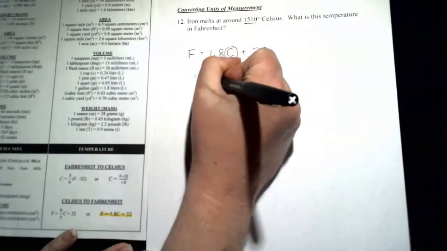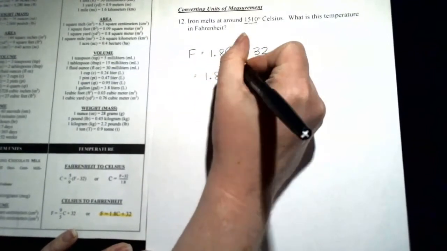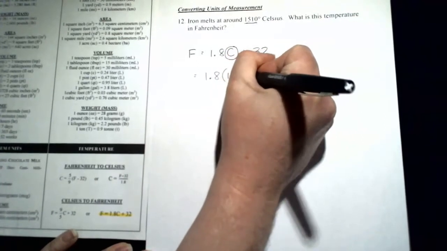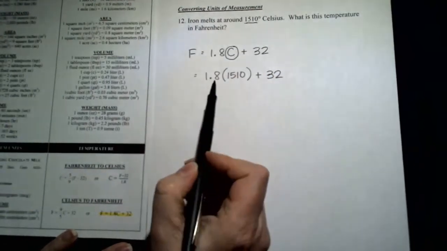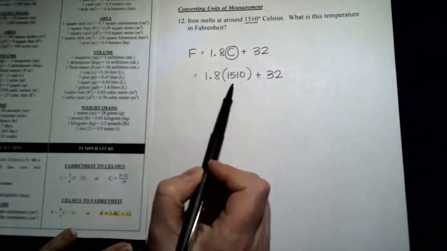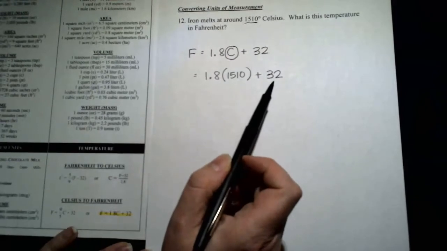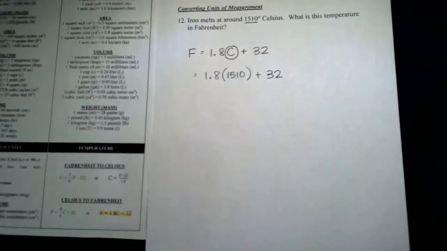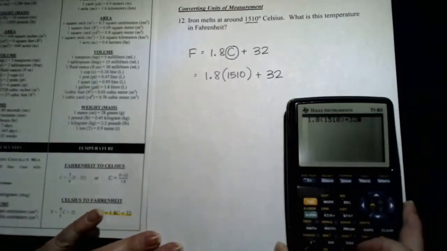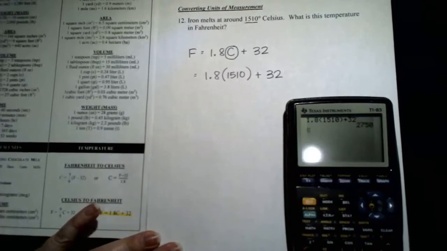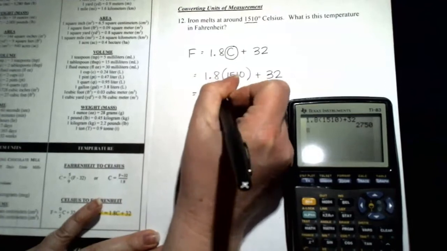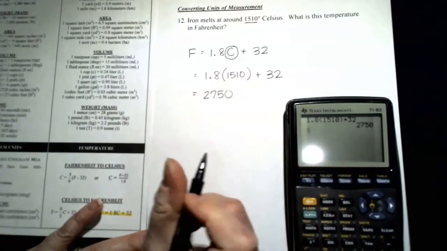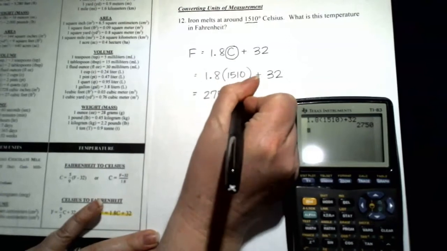So we're multiplying 1.8 times 1510 plus 32. And you're going to follow the order of operations when you do this. If you just plug this into your calculator this way, then the calculator will do the order of operations for you. So after I plugged it in, I'm getting 2750. That sounds super high, but it is. You're melting metal here, so that's why it's so high.